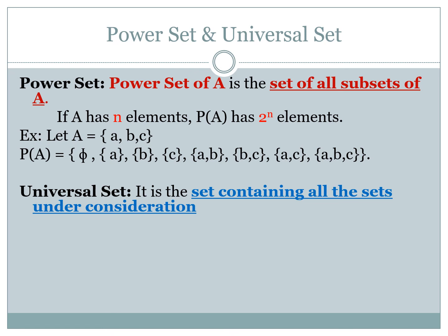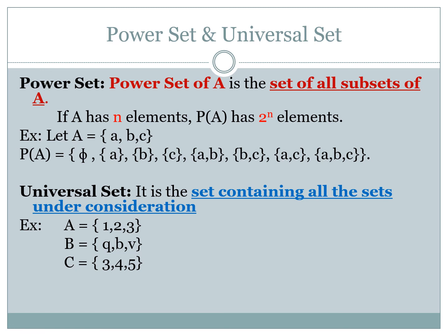Universal set. Universal set is the set containing all the sets under consideration. For example, in this example, we have 3 sets A, B, C which are under consideration.